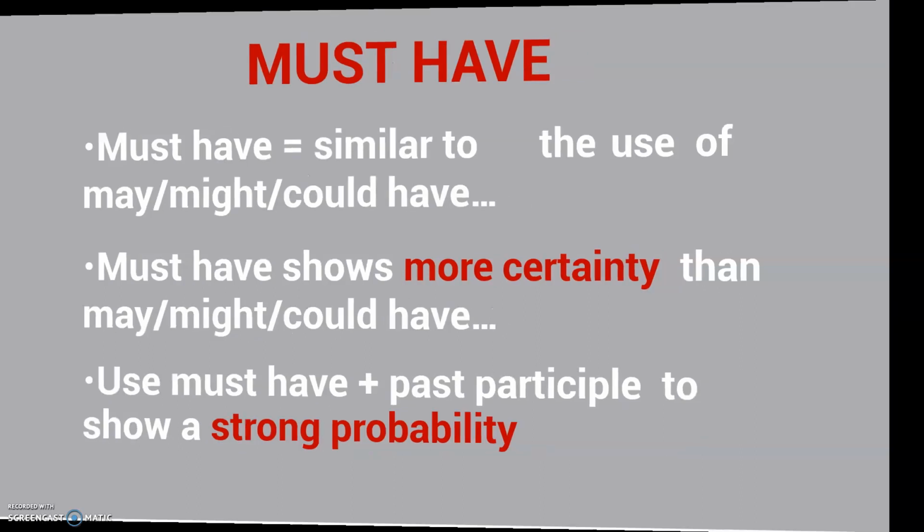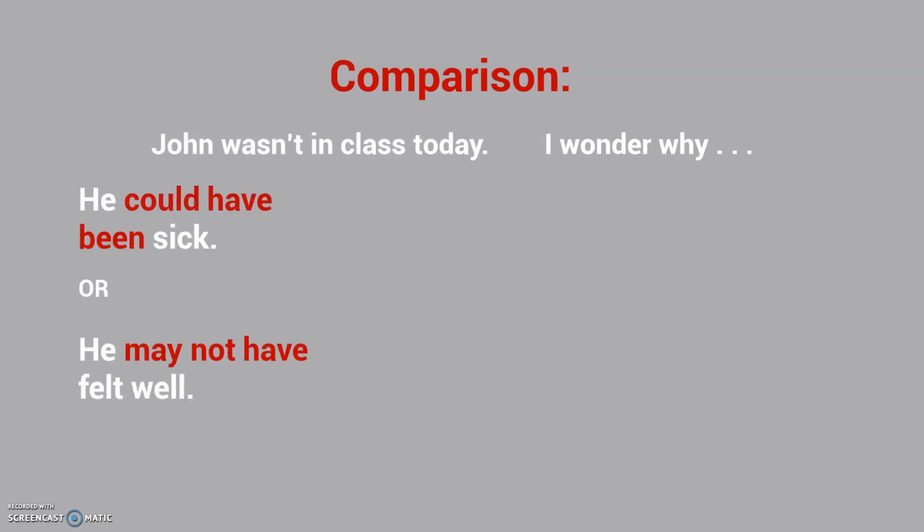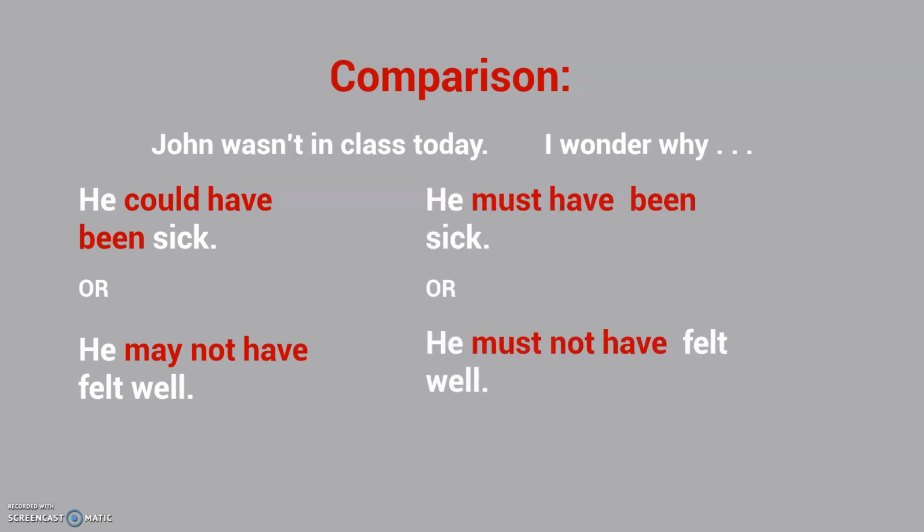Okay? So let's see right here a comparison. I can say, John wasn't in class today. I wonder why. I can say, he could have been sick or he might not have felt well. Both are correct. But then I can say, he must have been sick or he must have not felt well.